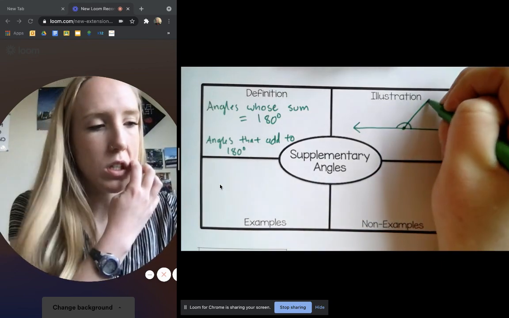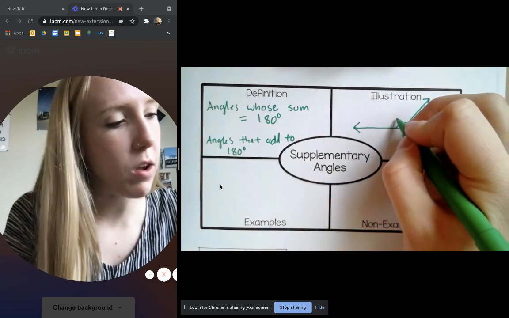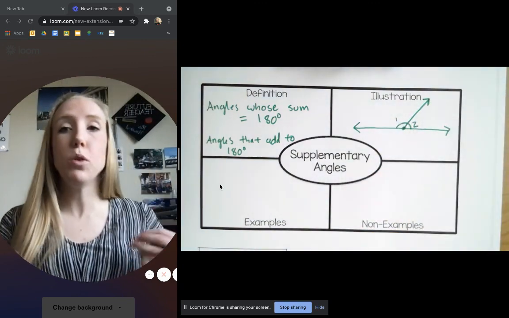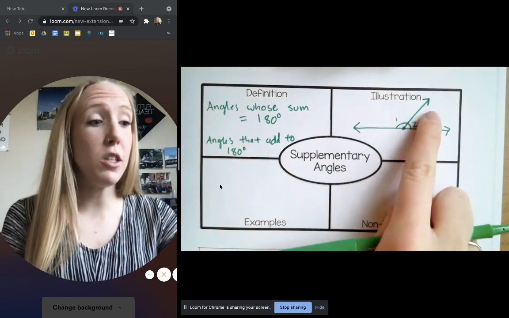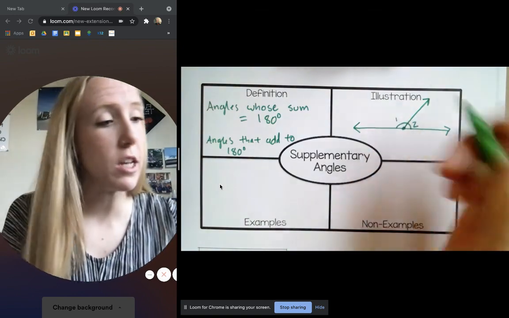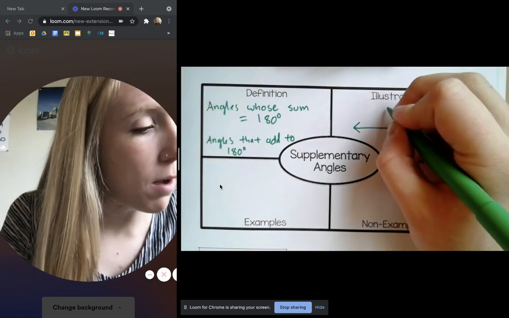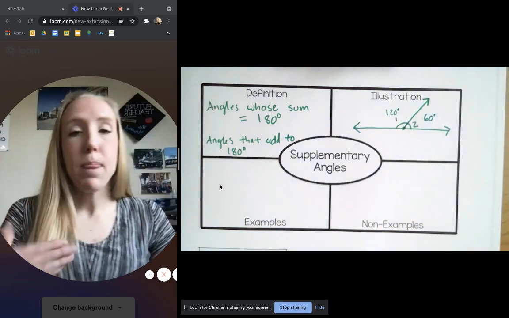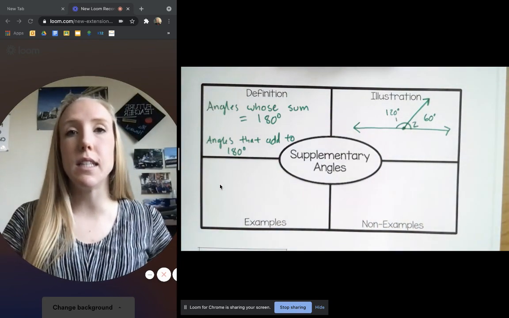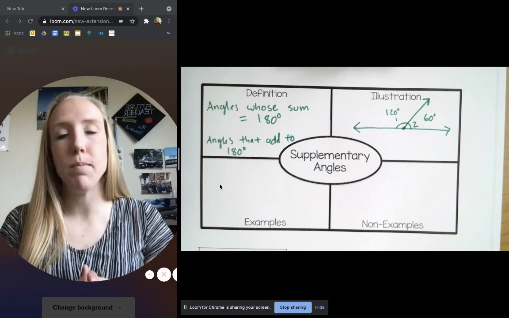two angles, so maybe this is angle 1 and 2, those two angles make the straight line, so these two angles have to add up to 180. So this one might be 120 degrees, and this one might be 60 degrees, and 120 plus 60 equals 180.